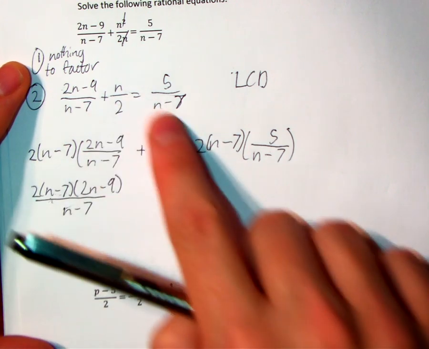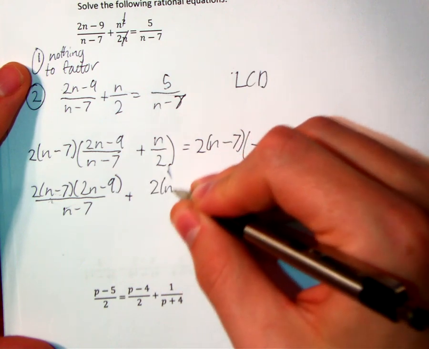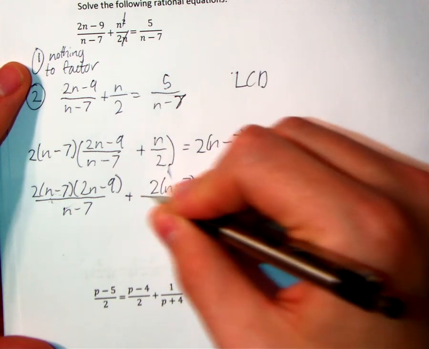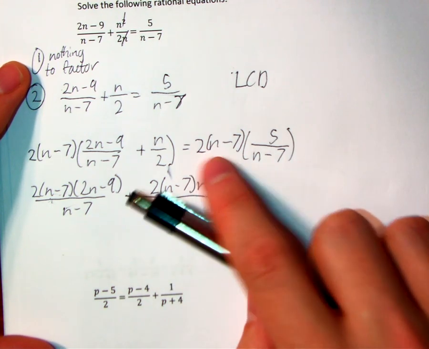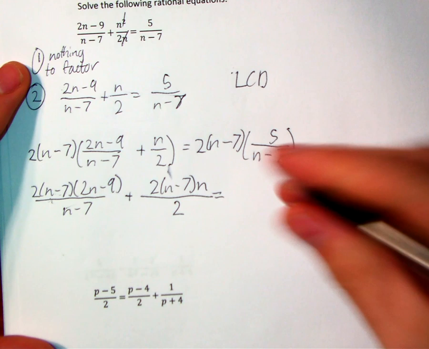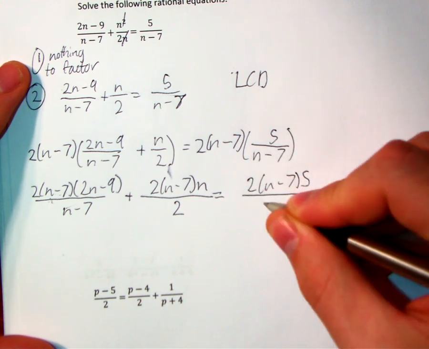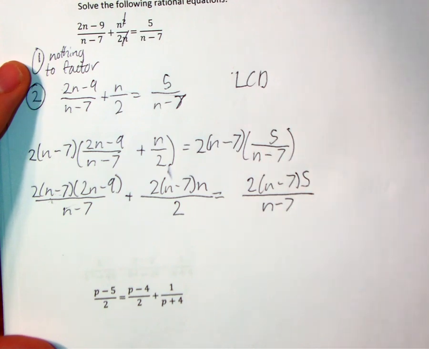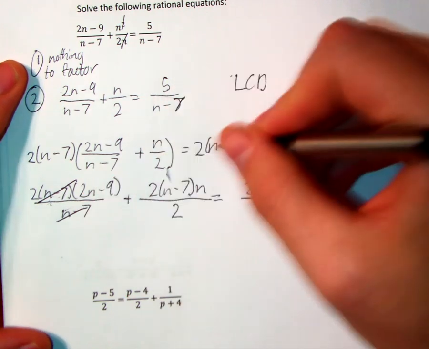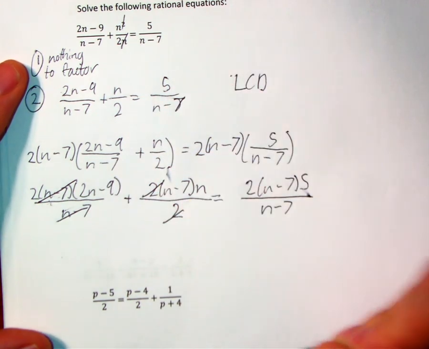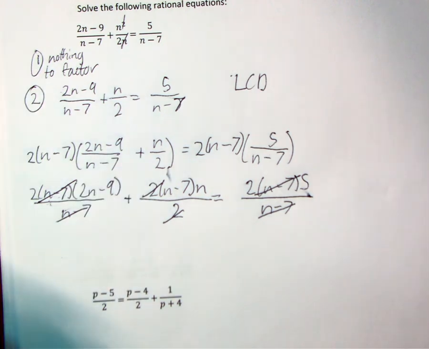Now I've got to distribute it to my second fraction, and I'm going to get 2 times n minus 7 times n over 2, and all that's equal to, now I've got 2 times n minus 7 times 5 over n minus 7. Okay. Now, cancel those denominators. That's the whole point of step 2 here. It's the whole point of multiplying by the least common denominator. It's finding something to cancel all the denominators.